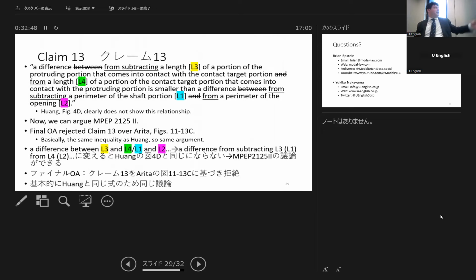And now we can rely on that MPEP section. We know that measurement's not in there. We don't have the breadth problem in our claim. And if you look at the next time the examiner rejects that claim, he did apply a different reference that has the same inequality as Huang. So we would present the same argument.